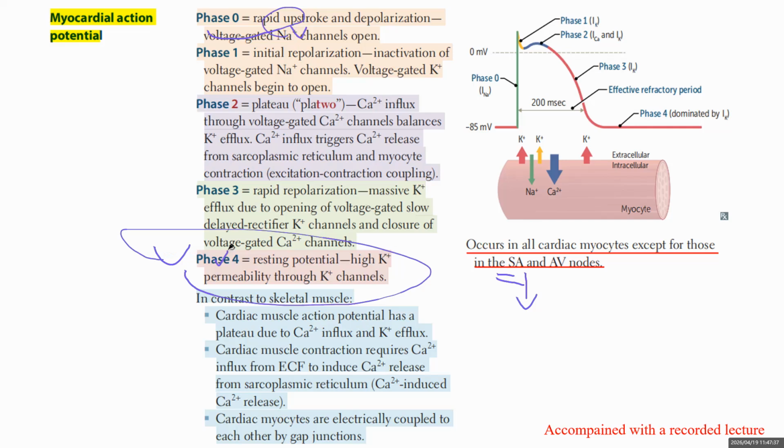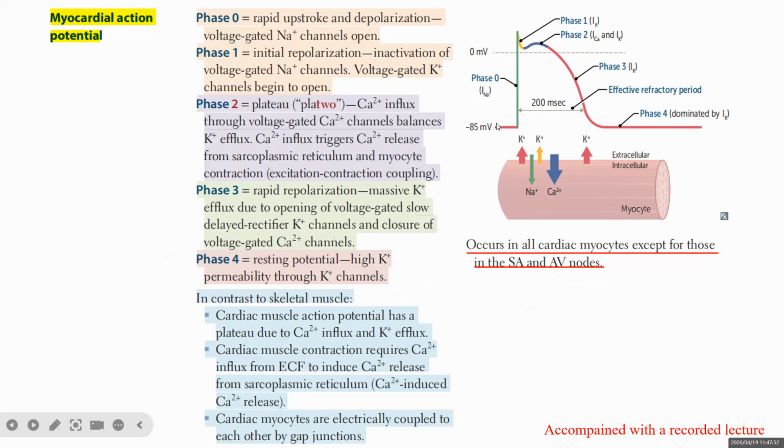So in this lecture, we are only talking about working myocardial cells, but not the pacemaker cells. The next lecture is about the SA node and the AV node, or the pacemaker myocardial action, and how it all happens. I hope this is clear. Any questions, you can ask me during the class, or you can put them in the comments below.